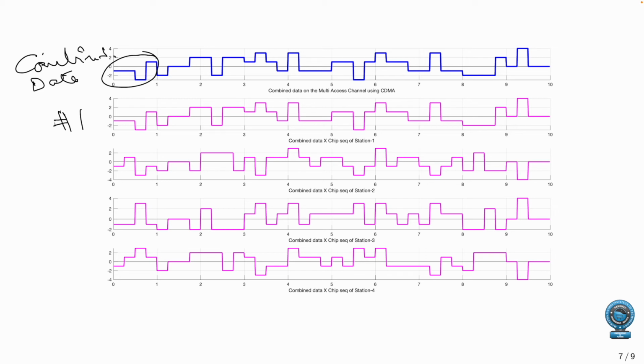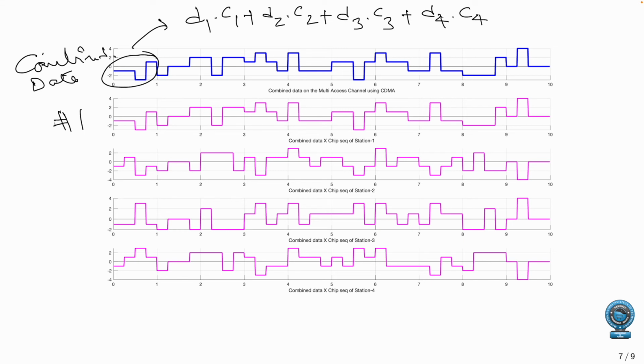In fact, this waveform, if you mathematically want to represent it, is a combination of D1 C1 plus D2 C2 plus D3 C3 plus D4 C4.